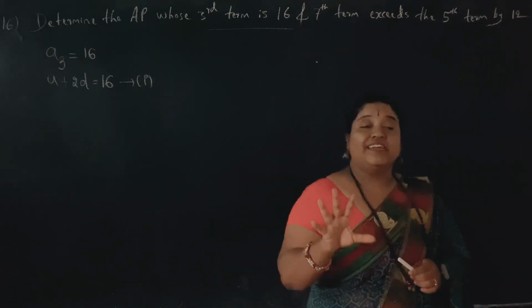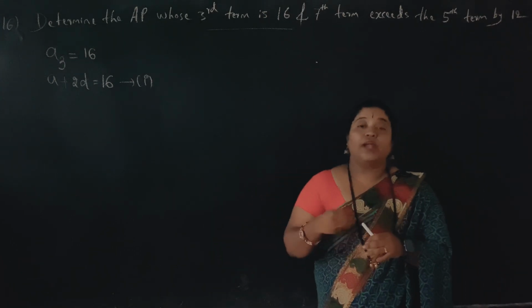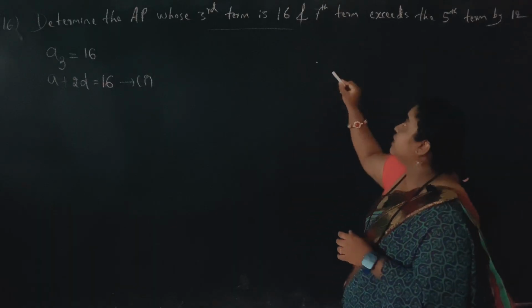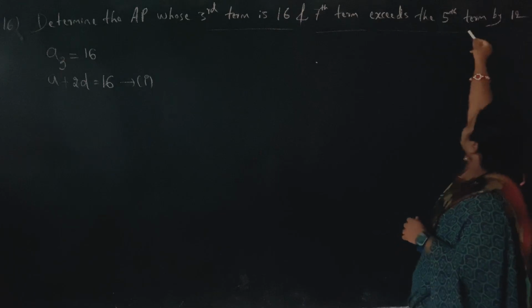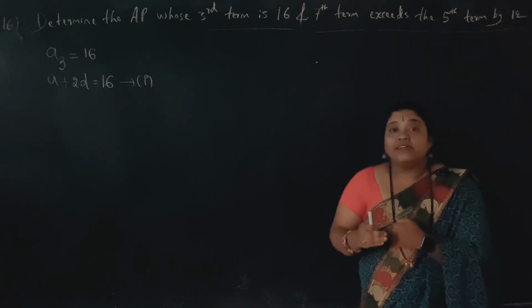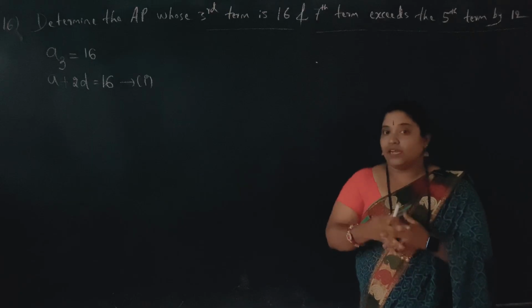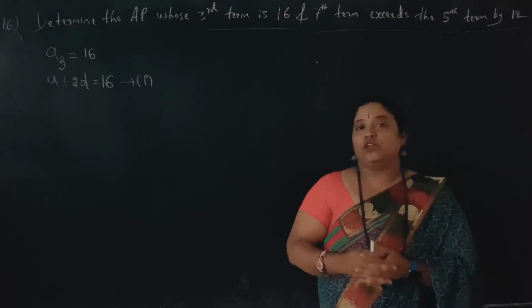To find the second equation, look at the question. What is the hint provided to write the second equation? Look at the board: the seventh term exceeds the fifth term by 12. They have not directly given you a hint, but they have given a connection between the two terms.